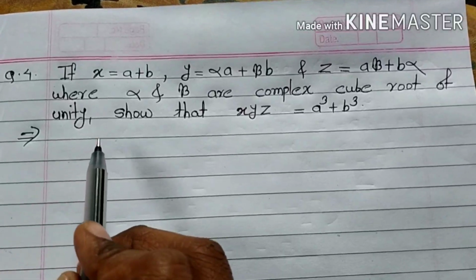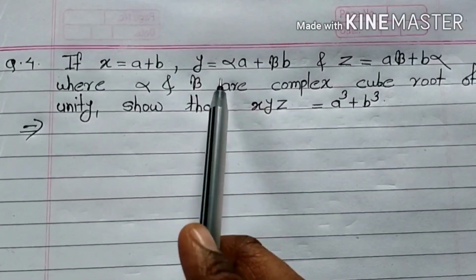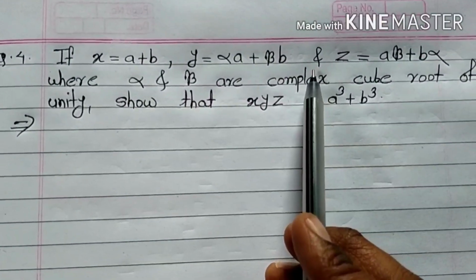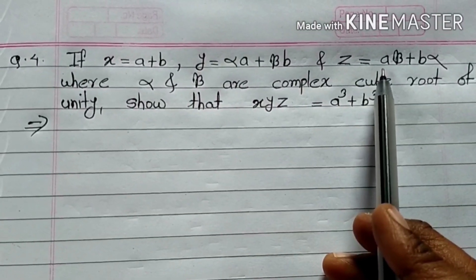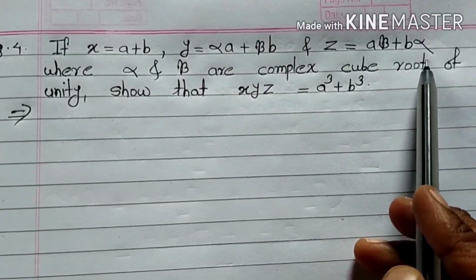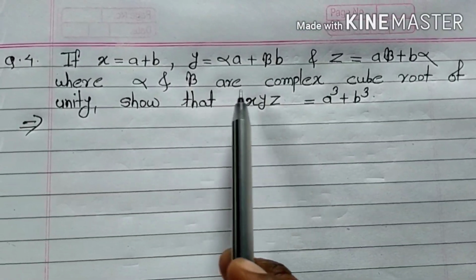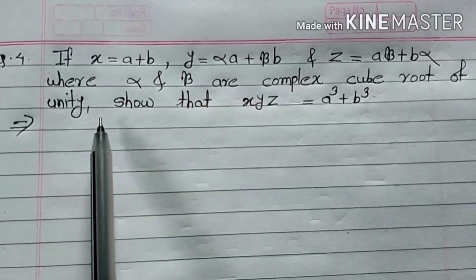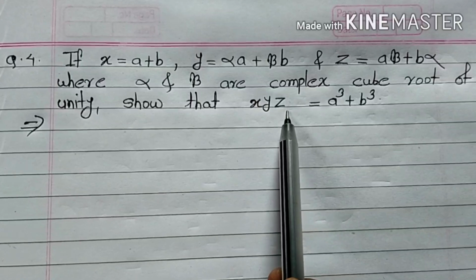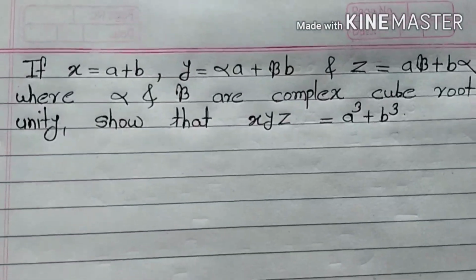Now next example. If x is equal to a plus b, y is equal to alpha a plus beta b, and z is equal to a into beta plus b into alpha, where alpha and beta are complex cube roots of unity, then show that xyz is equal to a cube plus b cube.